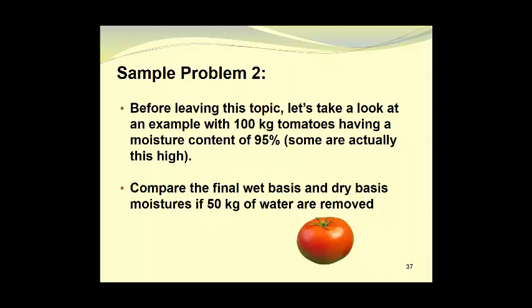Before leaving this topic, let's take a look at another sample problem where we are dealing with 100 kilograms of tomatoes having a moisture content of 95%. And some tomatoes actually do have a moisture content that is this high. We are asked to compare the final wet basis and dry basis moistures if 50 kilograms of water are removed.